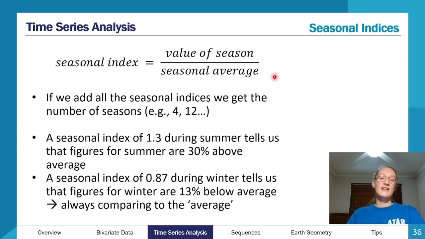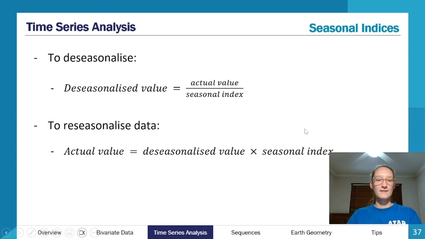You've got to calculate that seasonal average before you can find your seasonal index. A quick reminder that if you add your seasonal indices together, it will equal the number of seasons. That can be helpful if you've got to find an unknown seasonal average as well. And if it's 0.87, that means it's 13% below average. We're always coming back to the average.